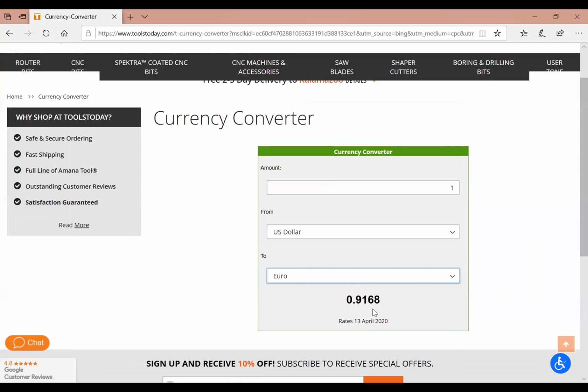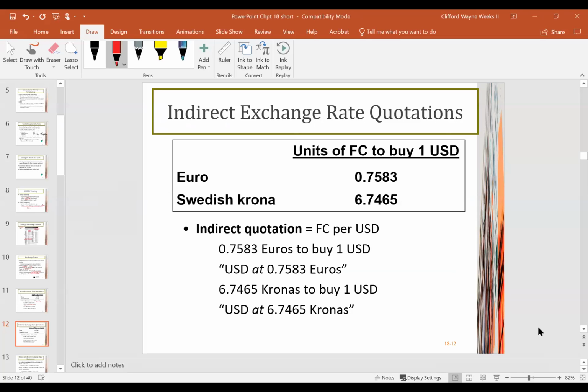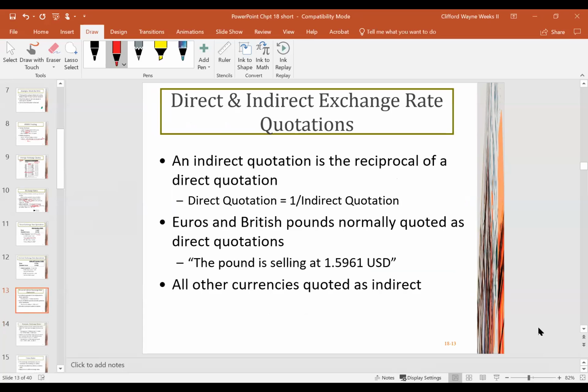I don't know if they call them pennies or whatever it is. But we're looking at the indirect rate here, the US dollar into the euro. And they're just showing you how you would use the indirect exchange rate for that conversion.